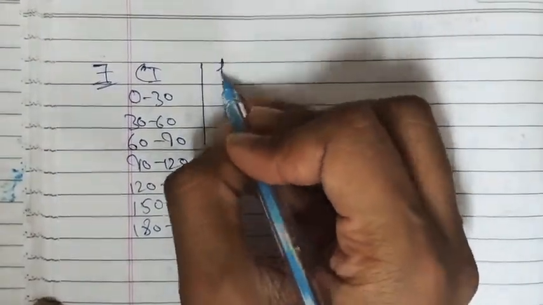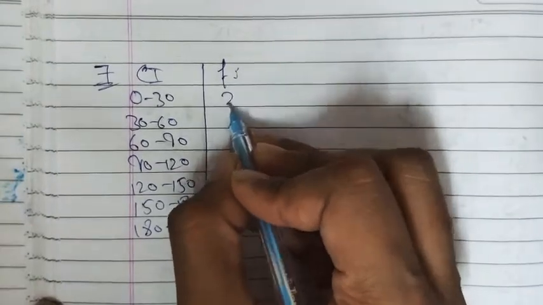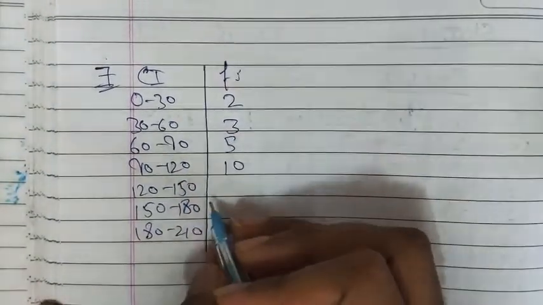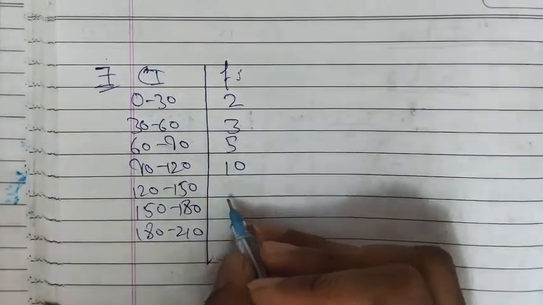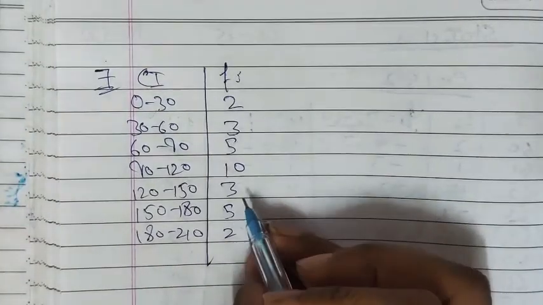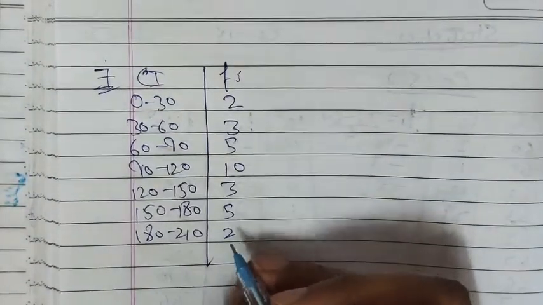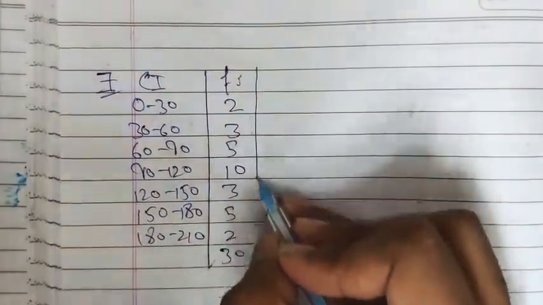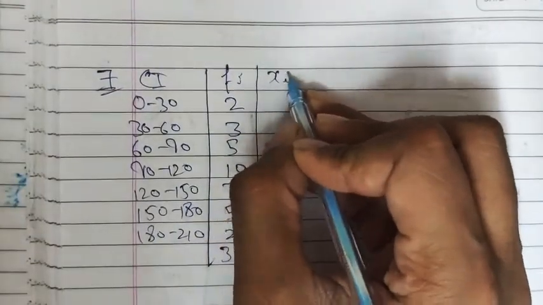Next we have frequency fi: 2, 3, 5, 10, 3, 5, 2, 3, 5, 2. So when we'll add it, this will be 10, 10 and 10. This is 30.